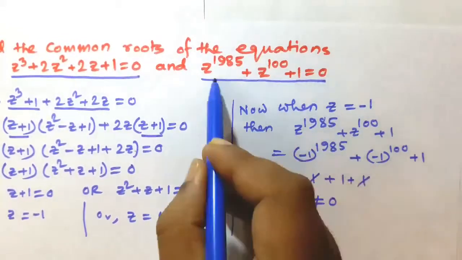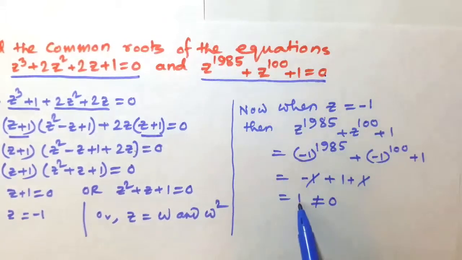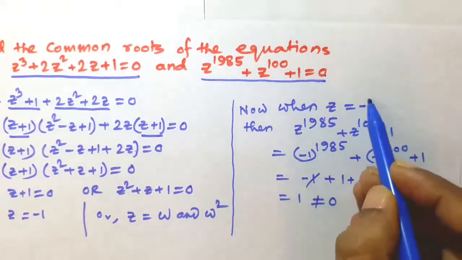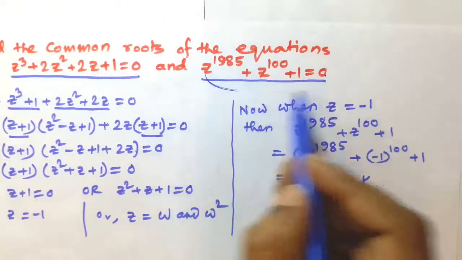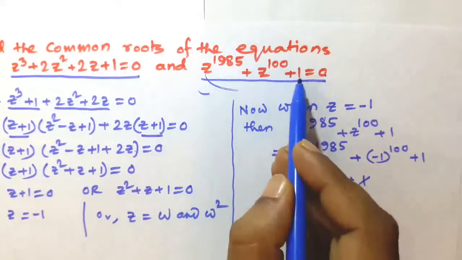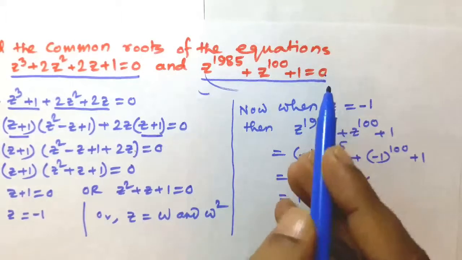The right side of this equation was 0, but we are getting 1. So this minus 1 is not a root of the equation z to the power 1985 plus z to the power 100 plus 1 is equal to 0.